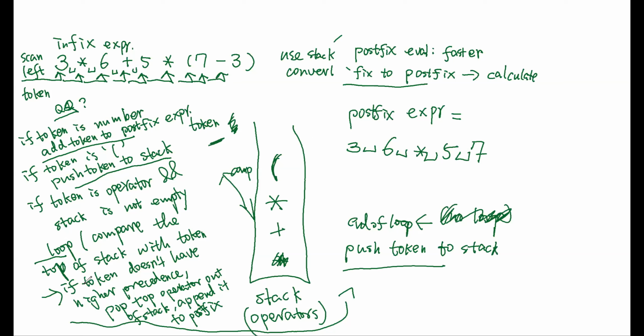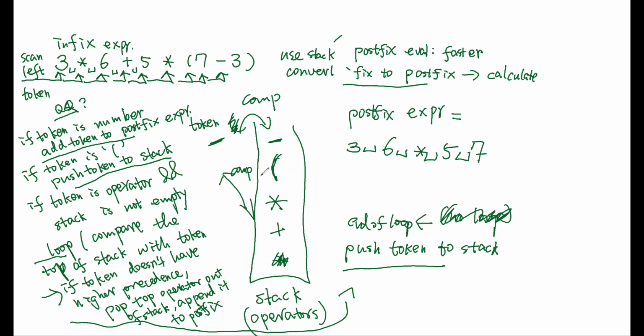When the token is an operator, what do you need to do? You need to compare with the top of the stack. But the top of the stack is not an operator, is it? So there is no precedence comparison. So you just push it to the stack. Only if the top of the stack is an operator and it has a higher precedence, then you pop it out.